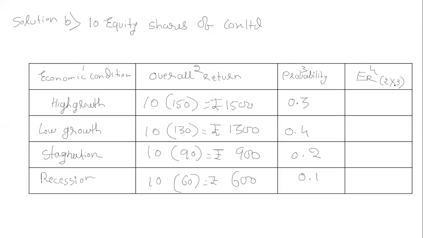So 1500 into 0.3 will be 450, and this will be 520, and 180, and 60. So total of expected return, it will be rupees 1210. So we have calculated the expected return.